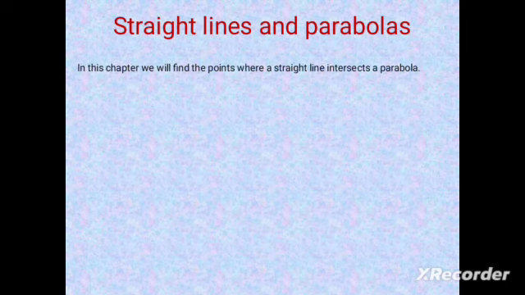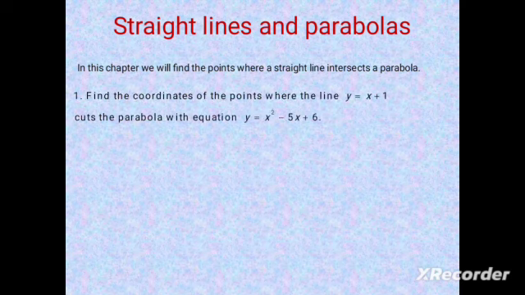Now, straight lines and parabolas. So in this chapter, we will find the points where a straight line intersects a parabola. Number 1, find the coordinates of the points where the line y is equal to x plus 1 cuts the parabola with the equation y equal to x squared minus 5x plus 6.